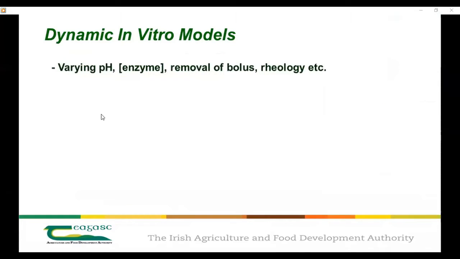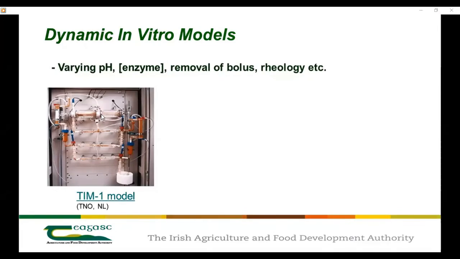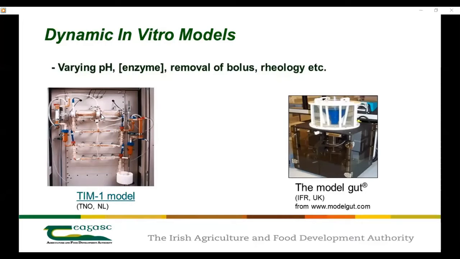There are dynamic and static in vitro digestion models, and I'm starting with the dynamic, just to mention them. Dynamic digestion models are basically models where the pH varies, the concentration of the enzyme varies, and the models simulate the removal of the bolus.